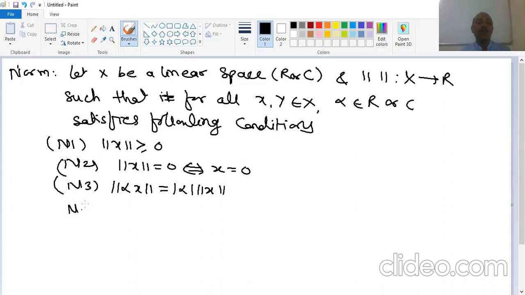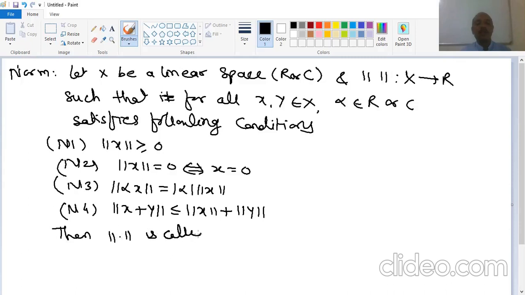And fourth one, norm of x plus y is less than or equal to norm x plus norm y. If all these conditions are satisfied by this function, then this function is called norm on X.